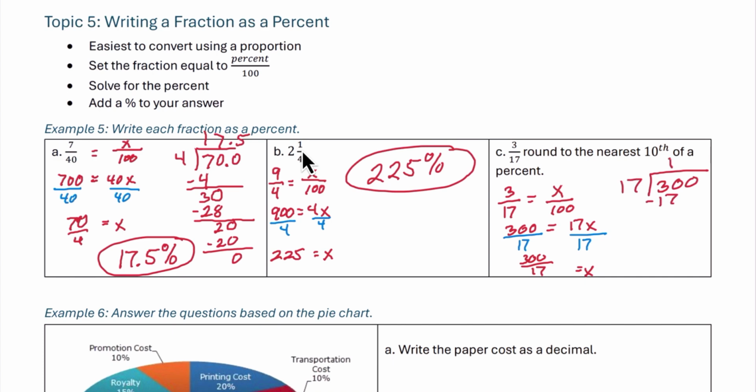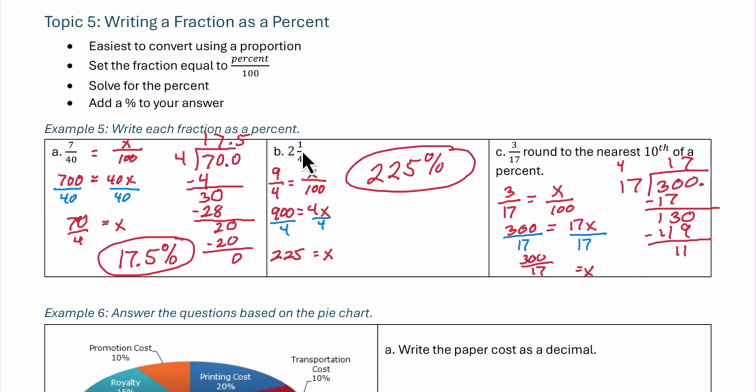Multiply, we get 17. We'll get 13. Bring down the 0. 17 goes into 130 7 times. Multiply. 7 times 7 is 49. Carry the 4. 7 times 1 is 7, plus 4 is 11. Subtract and we get 11.